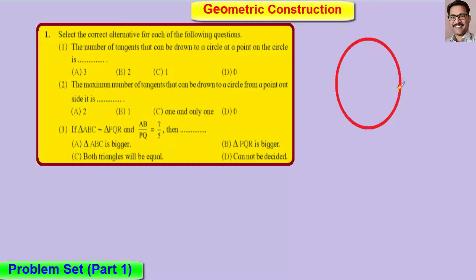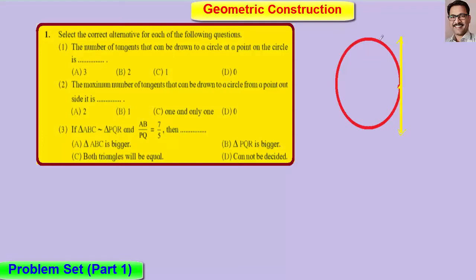Now from this point, how many tangents can we draw? Look here, this is one tangent. Is there any other tangent we can draw from the same point? Is it possible? Look here, this is one and only one tangent. We cannot draw any other tangent from this point.